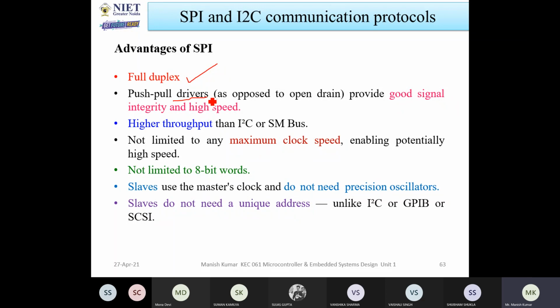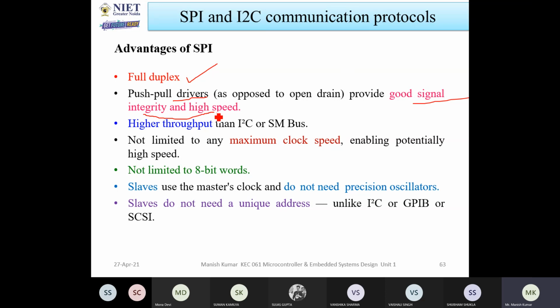It is a type of circuit that uses a pair of active devices that alternately supply current to or absorb current from a connected load. So with push-pull drivers, you get good signal integrity and high speed. To maintain the strength of the signals and the speed, it is necessary.